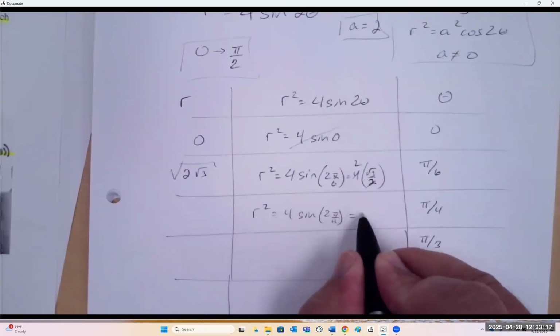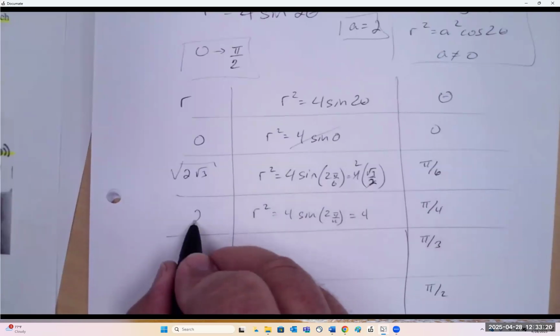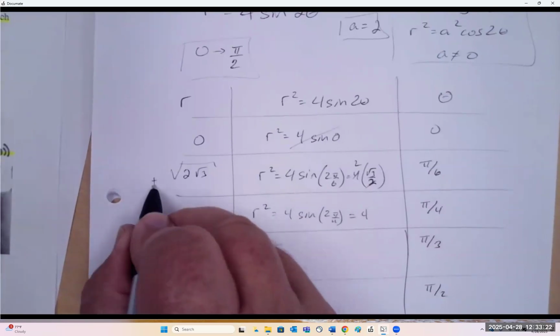Pi over 2 is 1, so it equals 4, which makes r plus or minus 2.